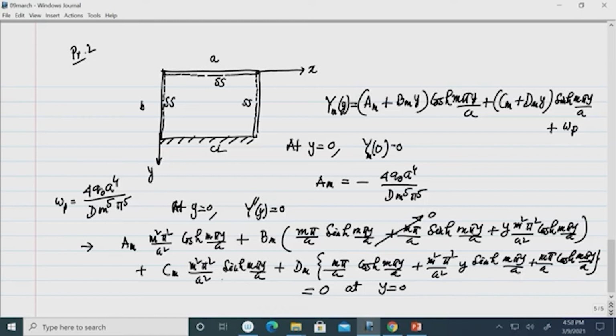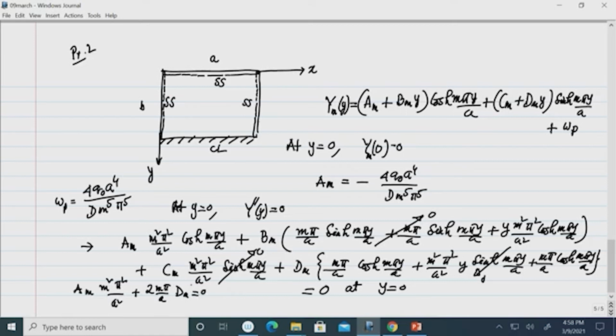Then here this is going to be 0 and here you will find that with d_m this is 1 and this is going to be 0 and this is 1. So, ultimately you will get a_m m square pi square by a square plus 2 m pi by a d_m equal to 0.